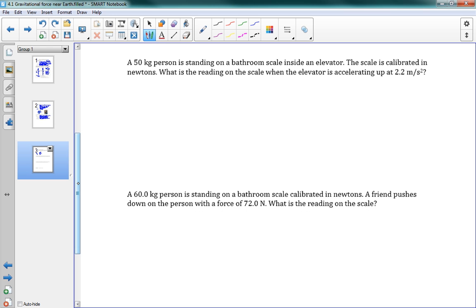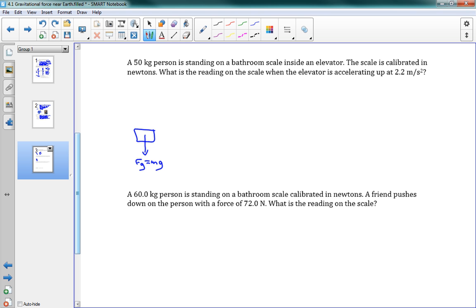It says a 50-kilogram person is standing on a bathroom scale inside an elevator. The scale is calibrated in newtons. What is the reading on the scale when the elevator is accelerating up at 2.2 meters per second squared? Again, I'll draw a free body diagram. And this person has a force due to gravity. We know what that is. Fg is equal to mg. Okay. We can work with that.